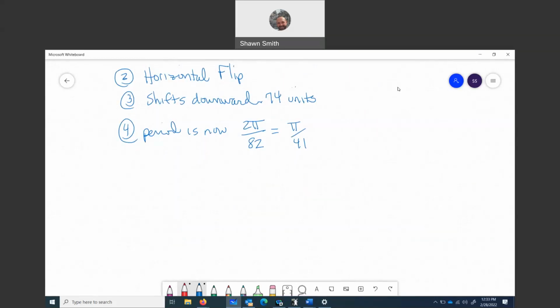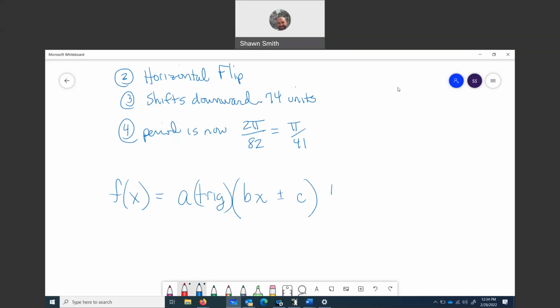All right, so as a recap, f of x is equal to a times some trig function of bx, and then I can do something inside it, plus or minus some c inside the argument.